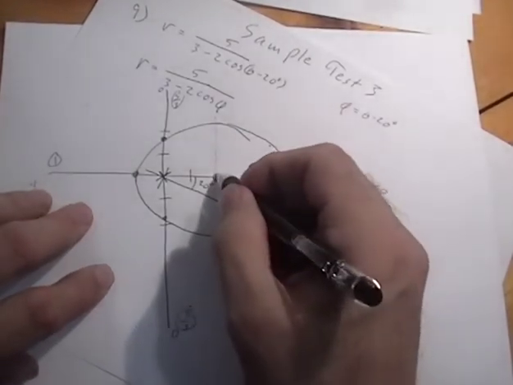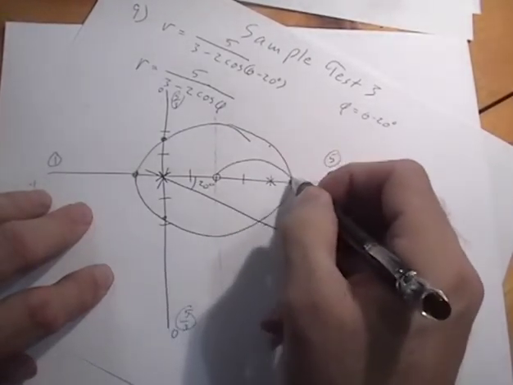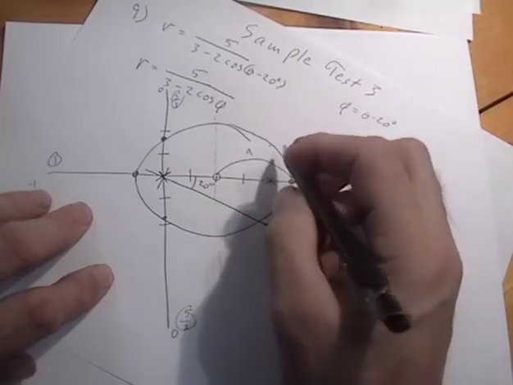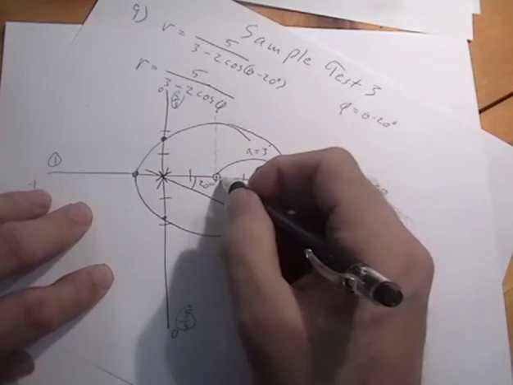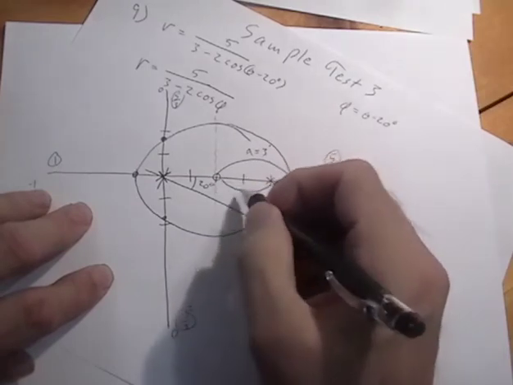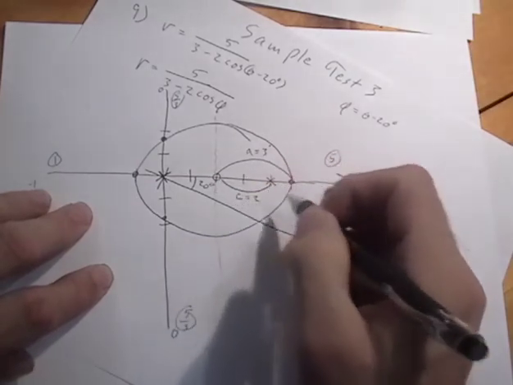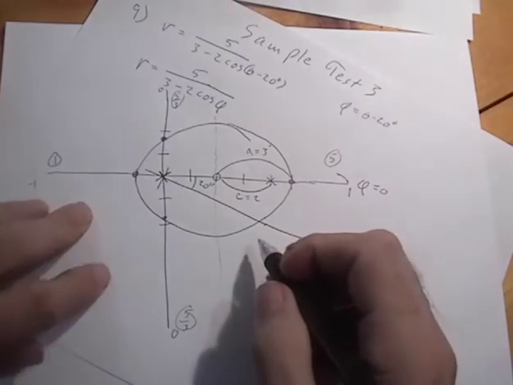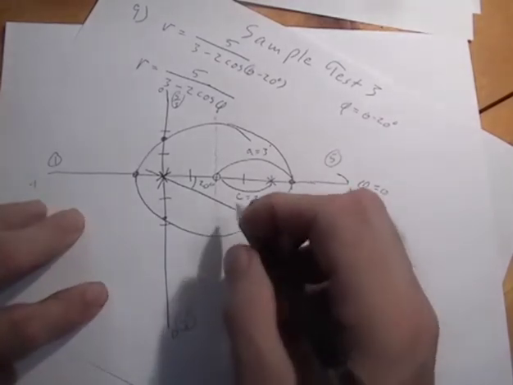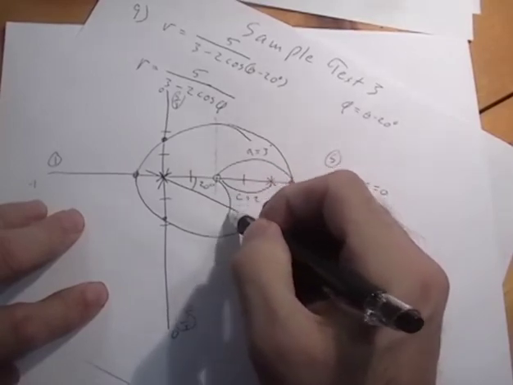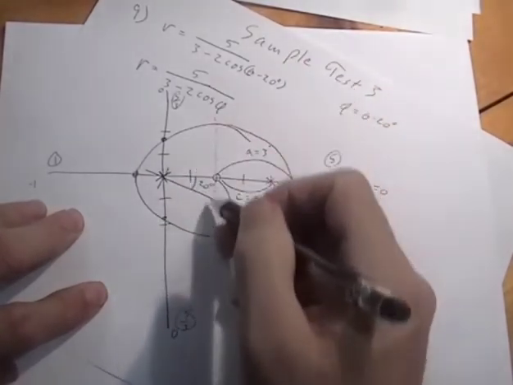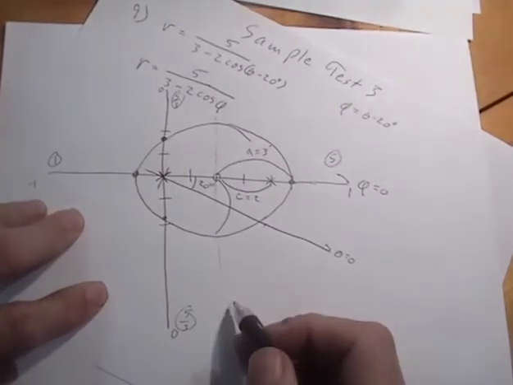For key dimensions, this is A, and A is going to be 3 units. This dimension is C, and C is going to be 2 units. B is going to be the distance from the center out to the edge along this line of symmetry.